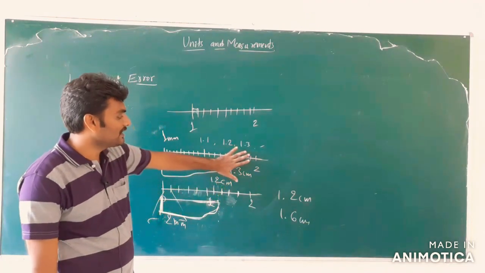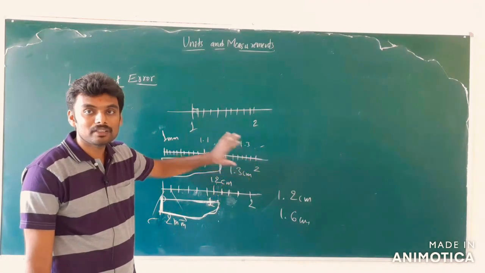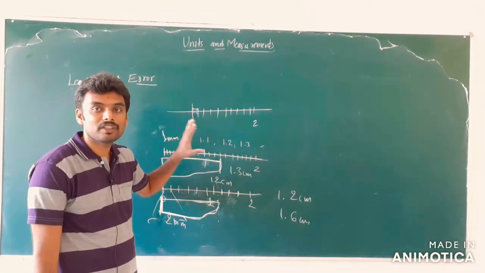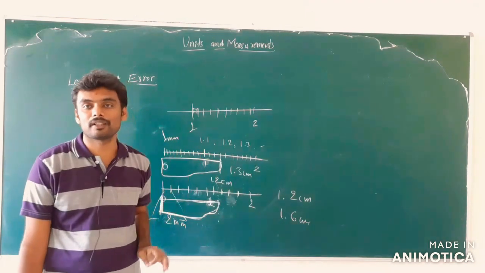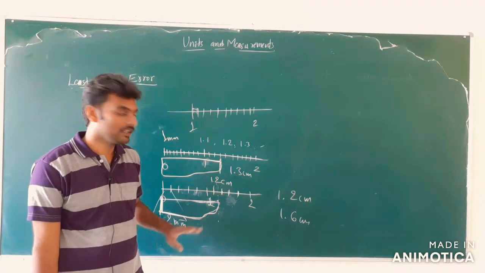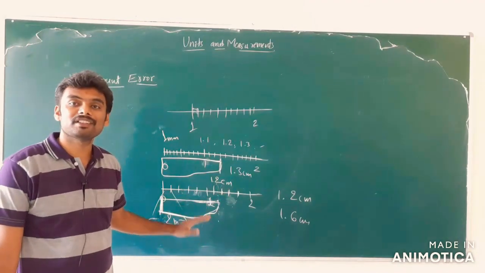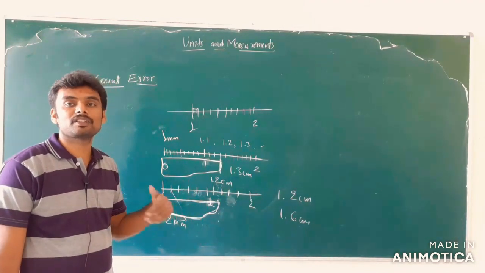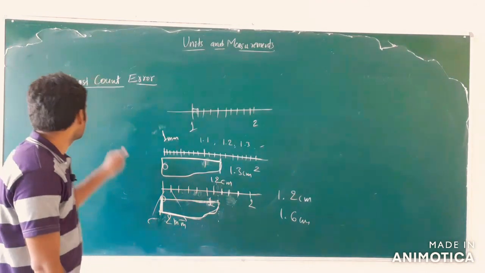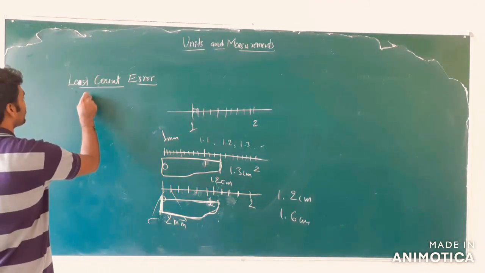So the scale's reading is always preferable because it can give a more precise reading. Precision is more because least count is less. Here precision is less because least count is more. Clear on that?